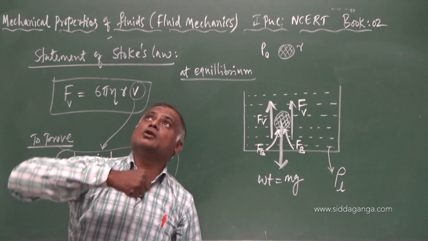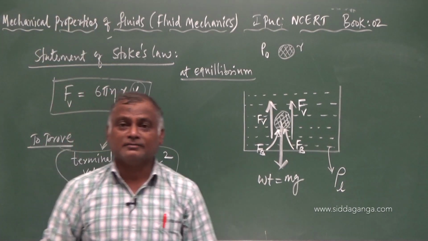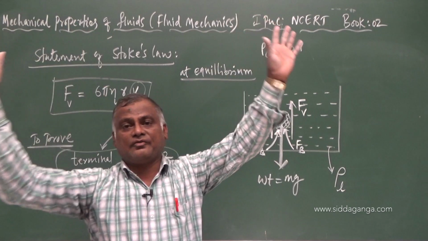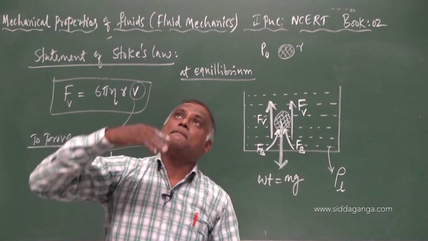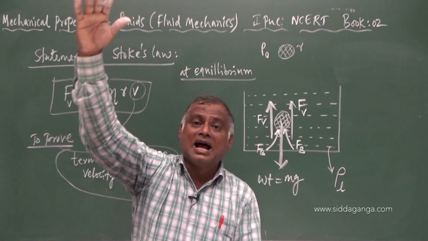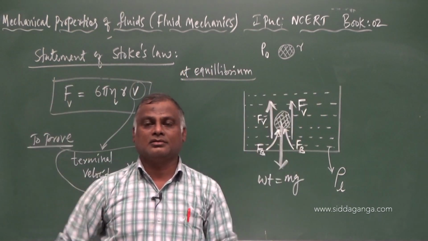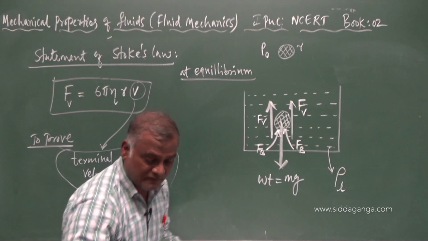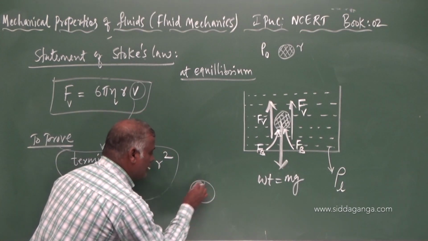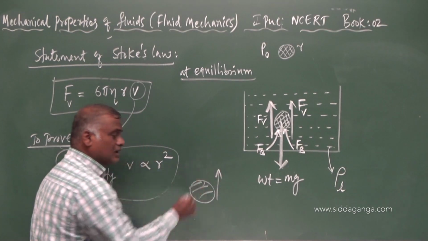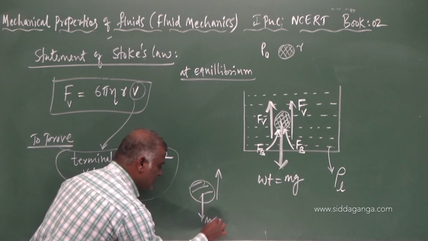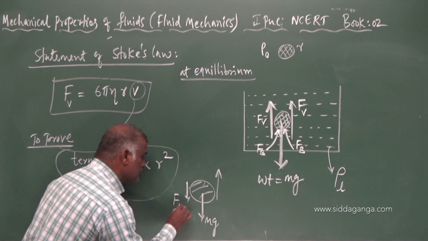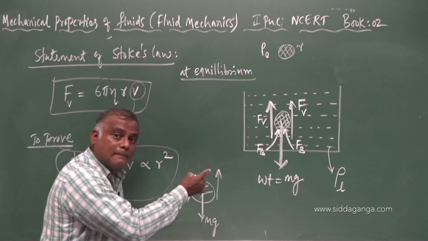For example, a balloon, when it is released into the air, flies off. It moves up, and at a certain height it comes to rest. Suppose this object is rising up. Again, weight is always acting downward, but the viscous force is downward if the object is moving up.